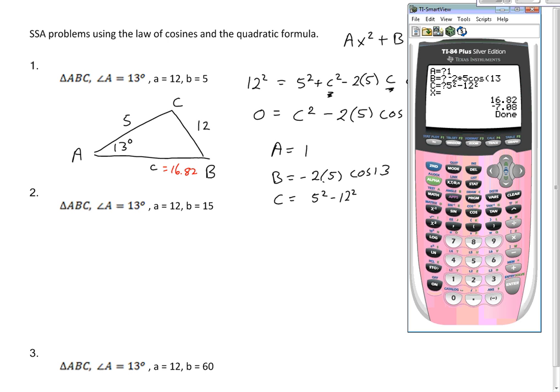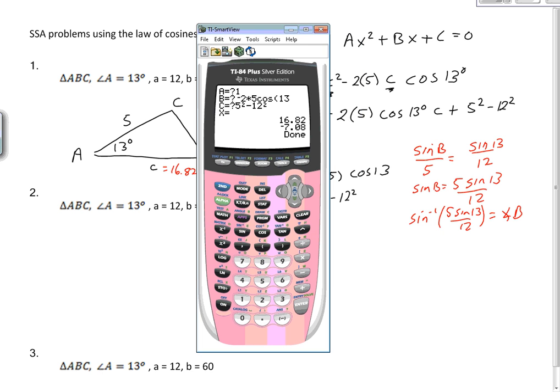I get out my calculator again, and I do the inverse sine of 5 sine 13 divided by 12, and that is 5.38. Am I in the right mode? Yes. Just a small angle, 5.38 degrees.